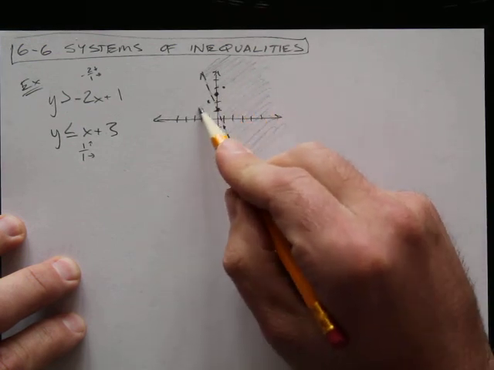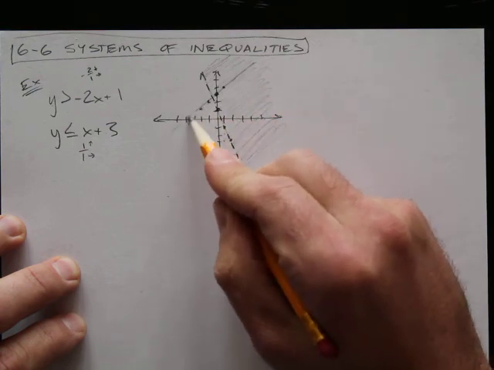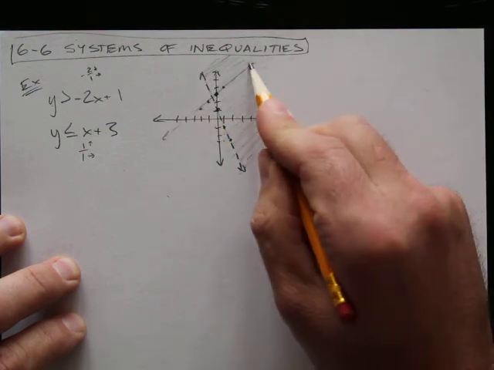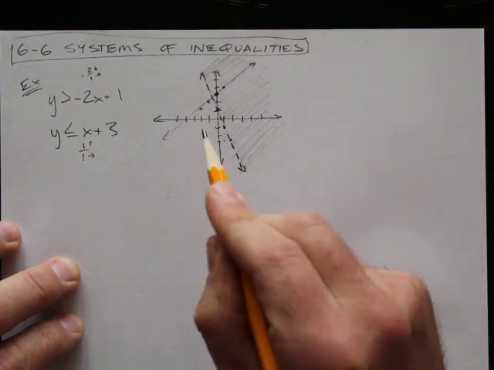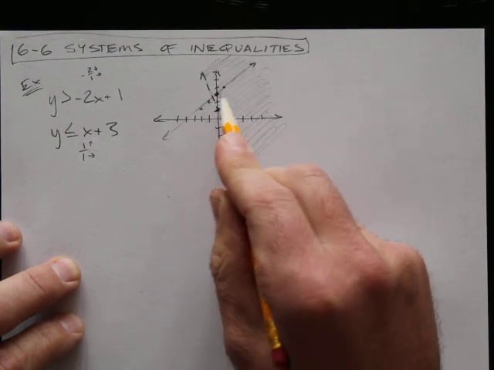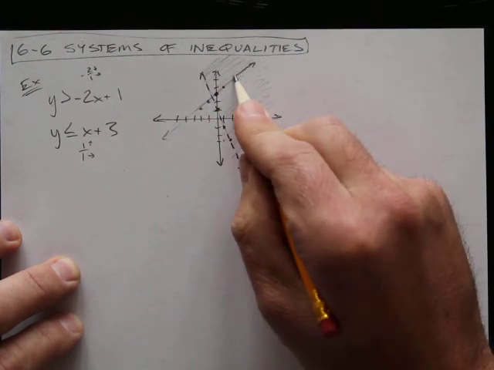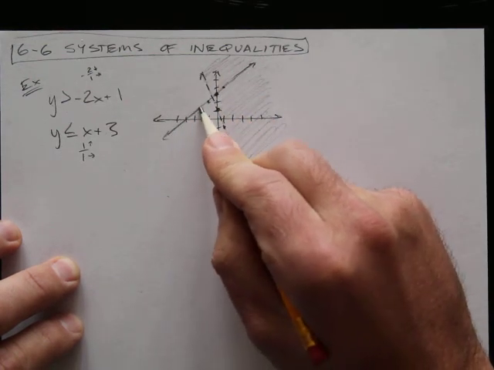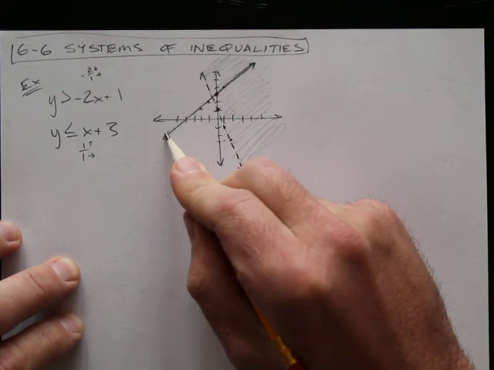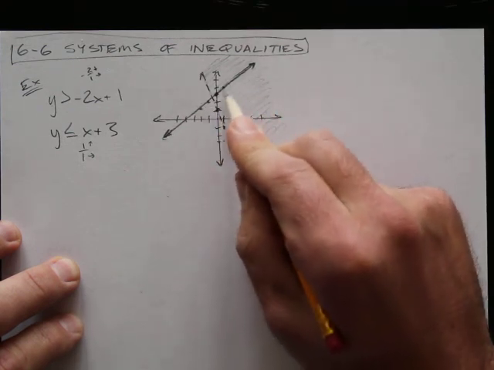Now here's my line, and I need to decide, is this going to be solid or dotted? It's or equals to, so the values on this line are included in my solution, so I make it solid.